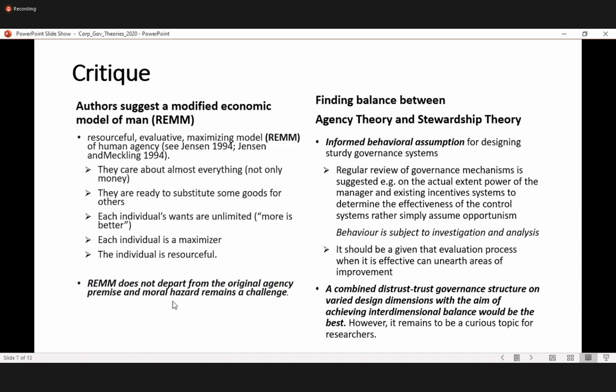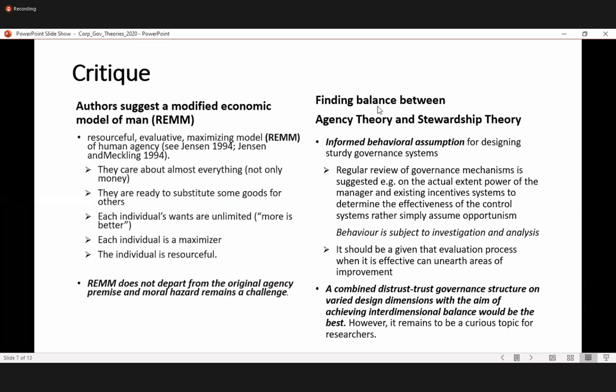And there's still the moral hazard. Moral hazard remains a challenge. He can still be an opportunist, since his wants are unlimited and each individual really wants to get as much as possible for oneself, although he is very resourceful.